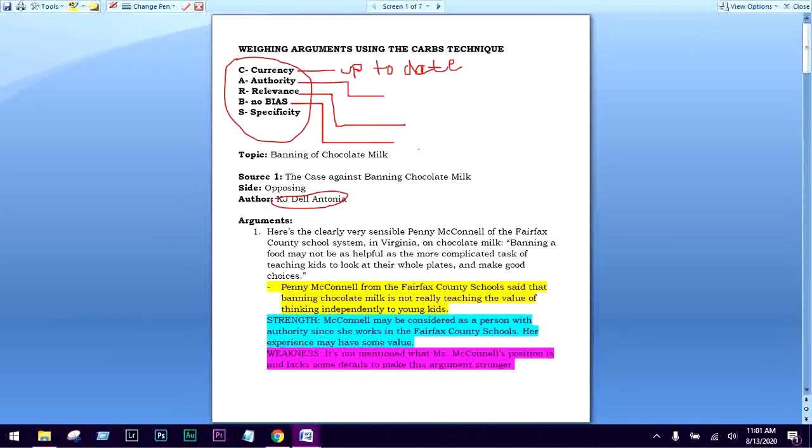So there must be no bias. And lastly, specificity. It must be specific. It must show dates. It must show numbers, percentages.